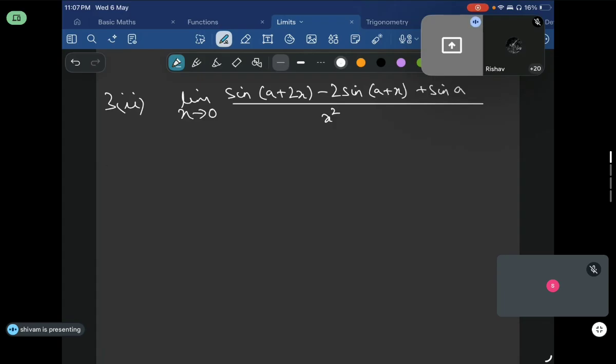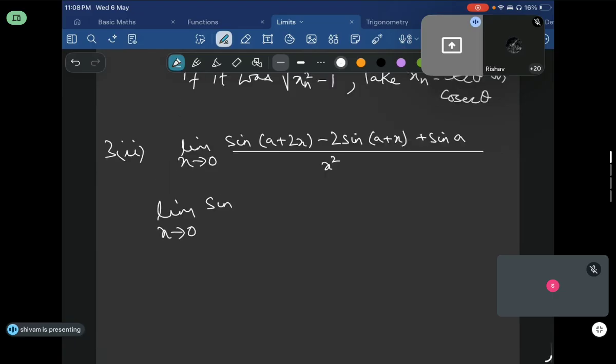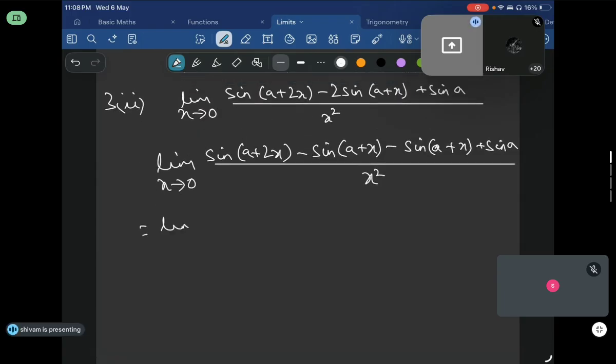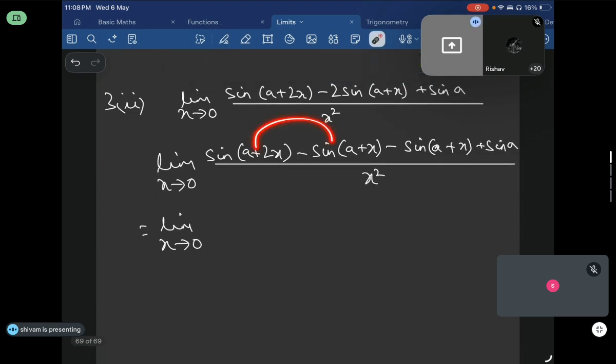This is part 2. So limit x tends to 0. Can I write it as sine of a plus 2x minus sine of a plus x, minus sine of a plus x plus sine a, divided by x square. In the numerator, we have got the sine C minus sine D formula. What is sine C minus sine D?